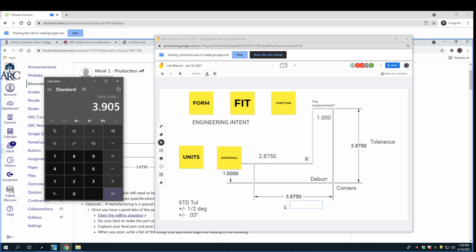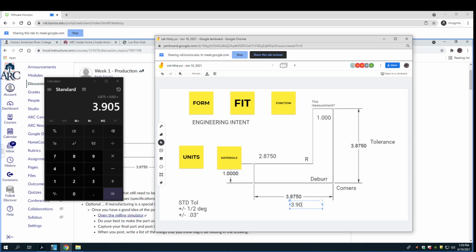That could be 3.905, right? And my part would be okay, according to this. Now, what could this be? This part could be 1.03, and this one could be 2.905, right?